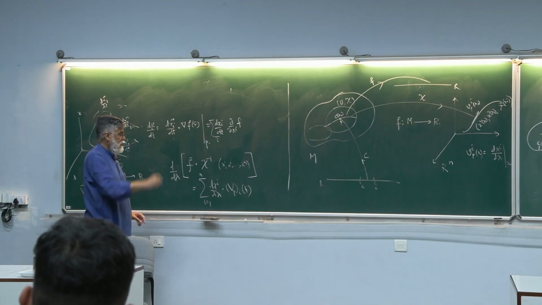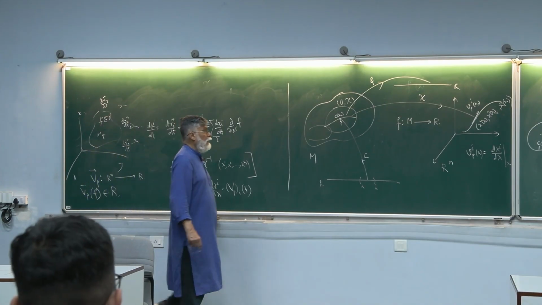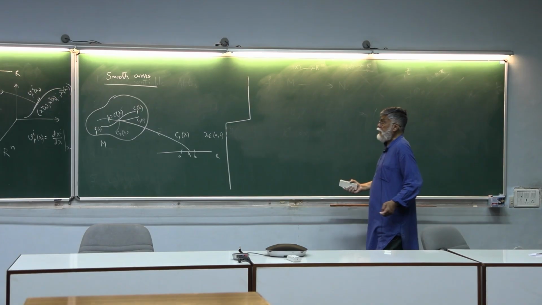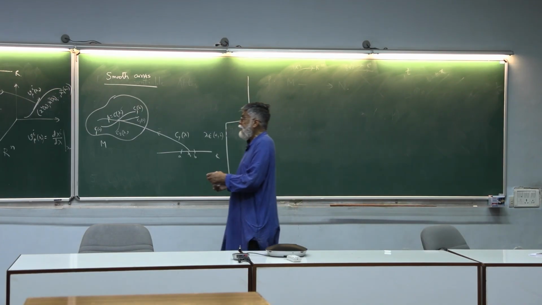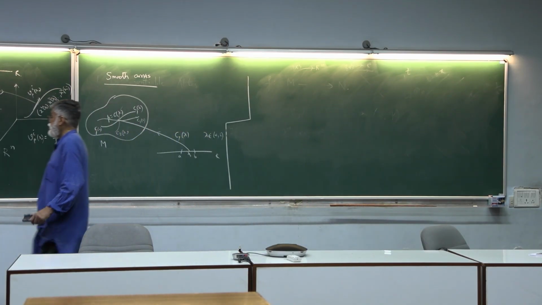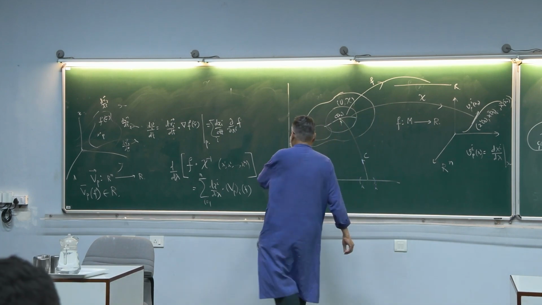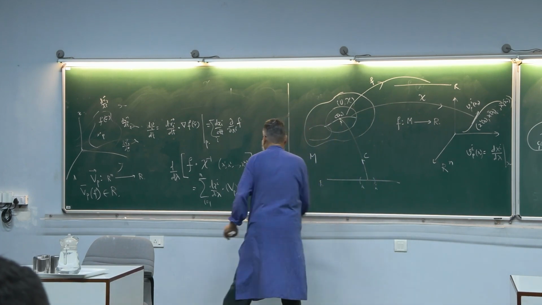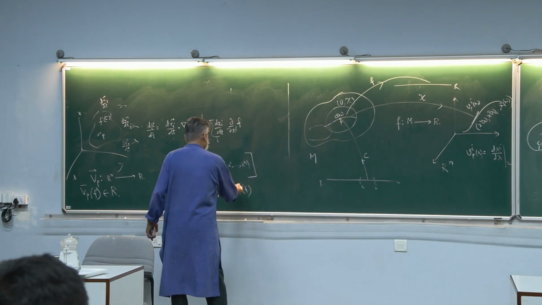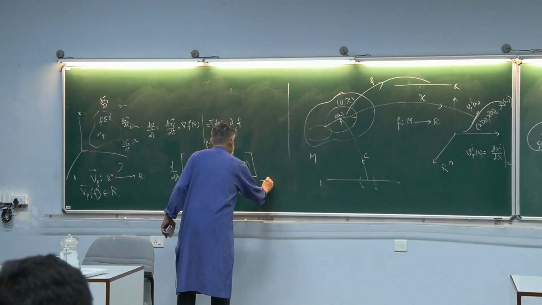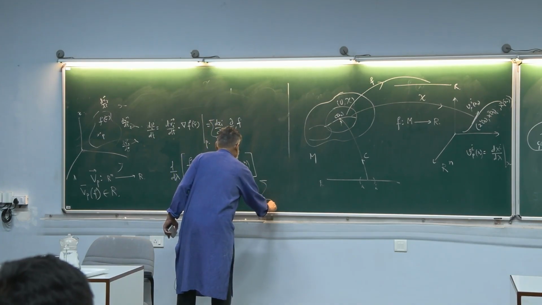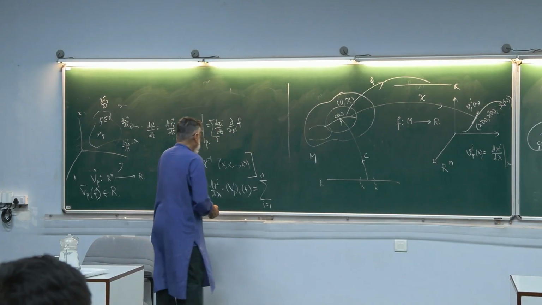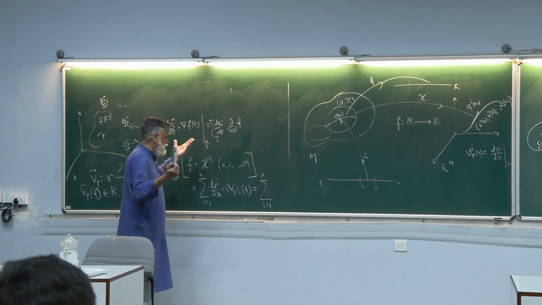So, I will probably have to erase that part of the board. By the way, I didn't write completely, so here I should complete the expression. I have written symbolically V_P^i, but what is this object? It is nothing but the sum over i equal to 1 to n. Later on, we will assume the Einstein summation convention.